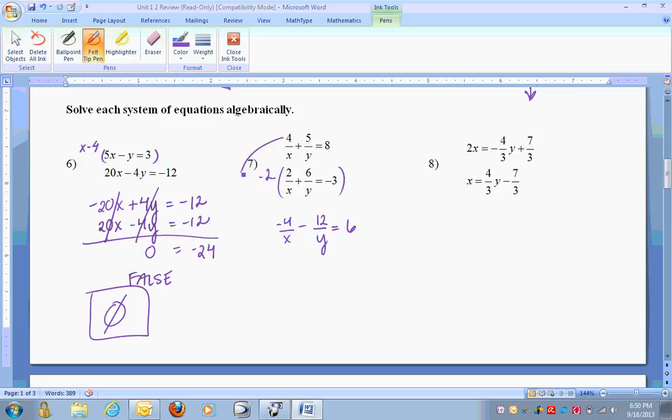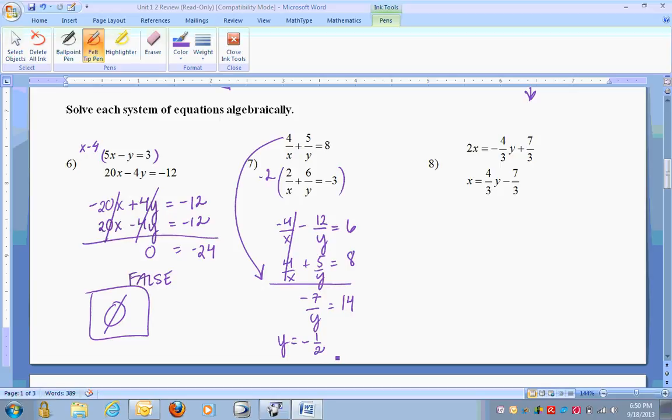And then I can bring down my top equation of 4x plus 5y equals 8. Okay, and what happens here is these x's get eliminated, and you end up with negative 7 over y equals 14. Okay, so now that tells me my y value is equal to negative 1/2.